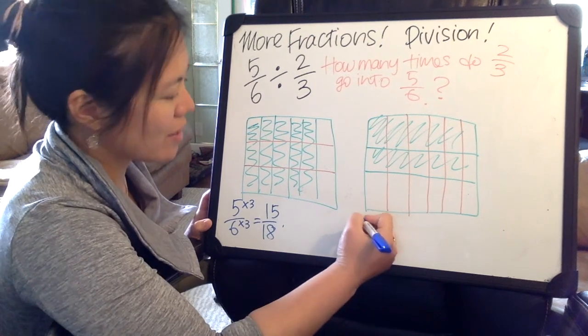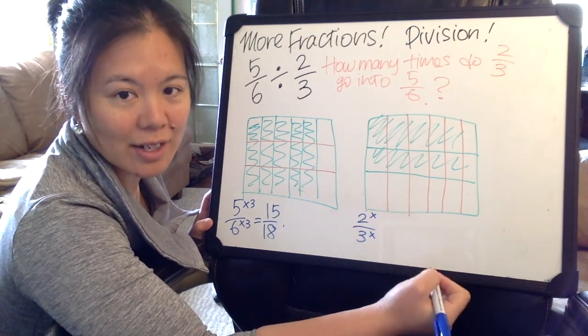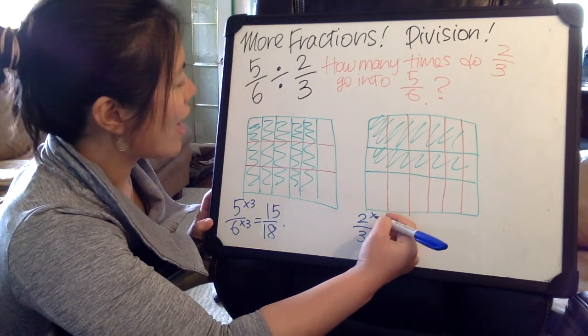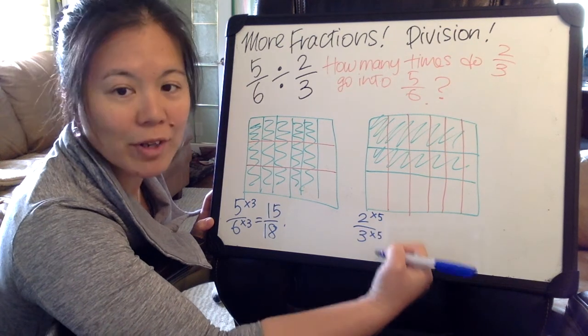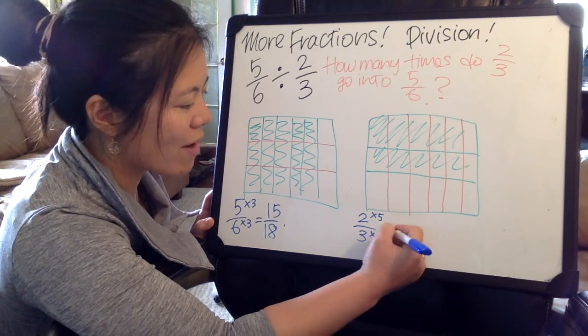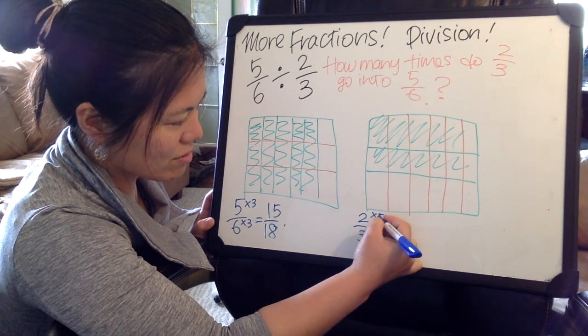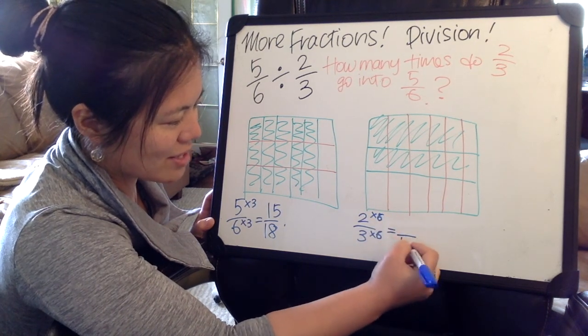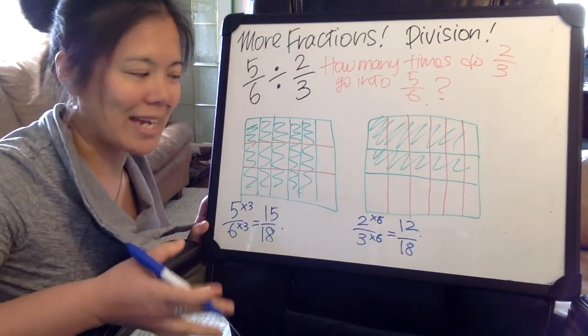And for this one, we have 2/3. So I'm finding an equivalent fraction for this. And for this one, I'm multiplying both the numerator and denominator by 6, sorry, my bad, 6. So 12 over 18, 12/18.